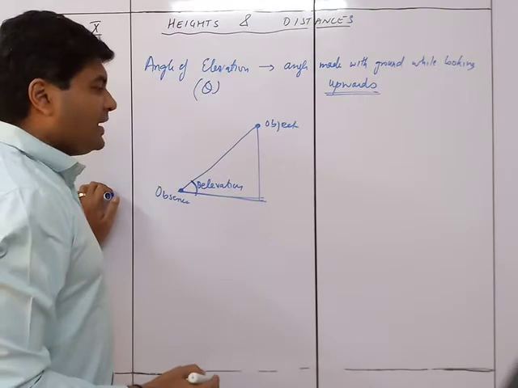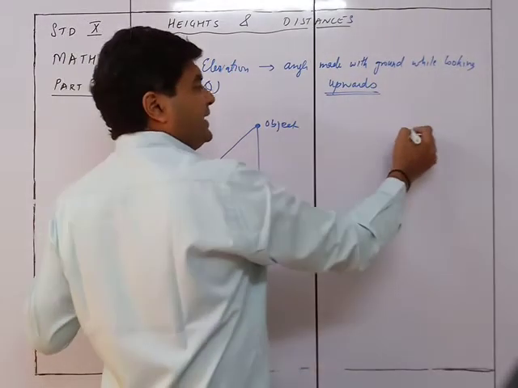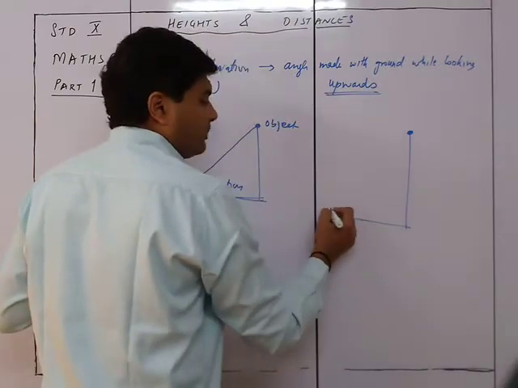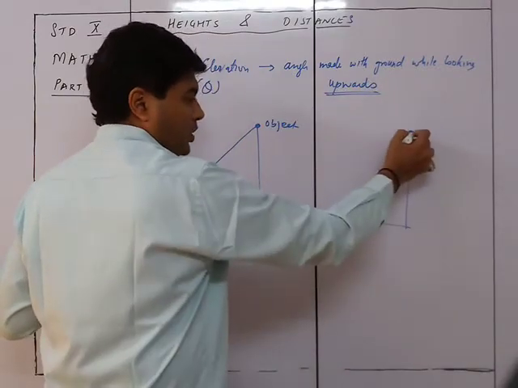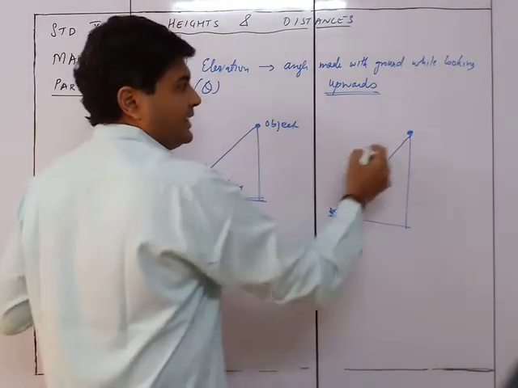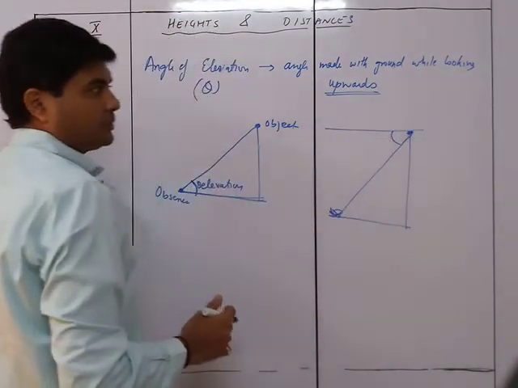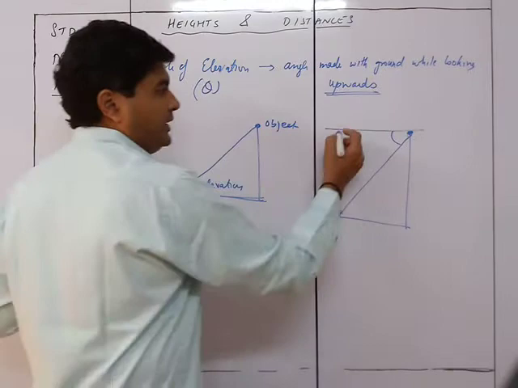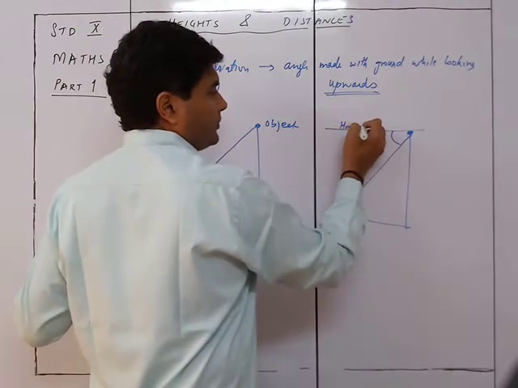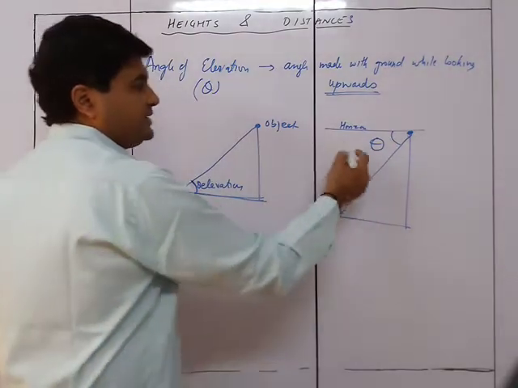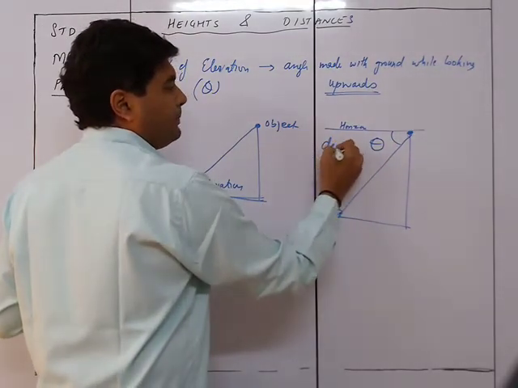Similarly, if somebody is standing at the top and he is looking at some object which is over here, looking down like this, then the angle which he makes with the horizon, here it is with the ground, here is the horizon. So the angle which he makes with the horizon is called the angle of depression.